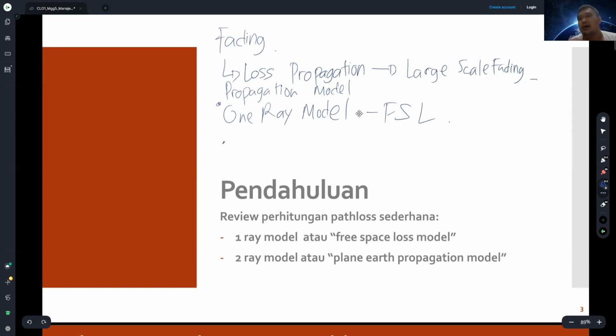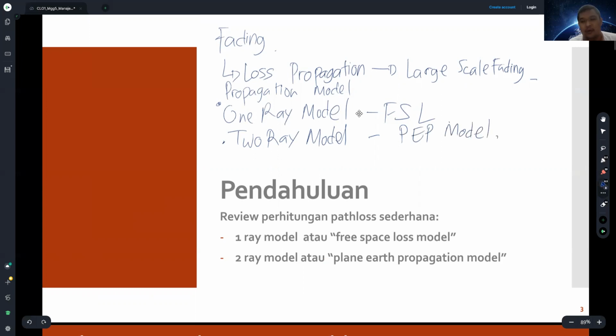We also learned about the more advanced propagation model, which involves the reflected wave. Usually we call it the two-ray model, or usually called the plain earth propagation model.